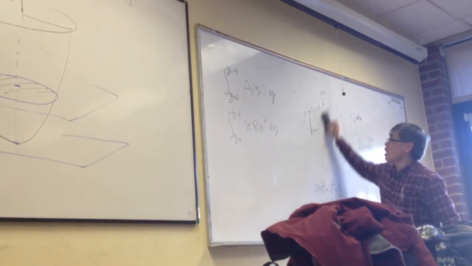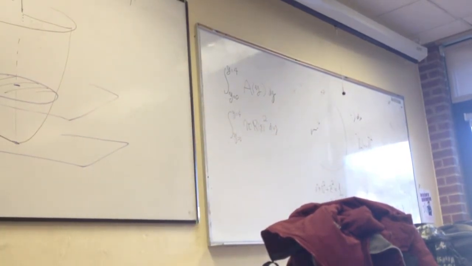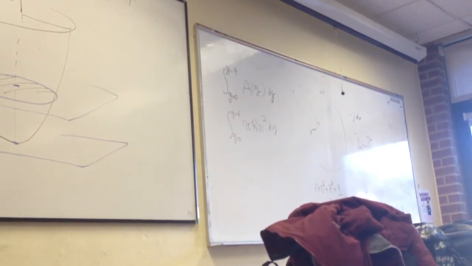So what is r of y? Well, that comes from, you see, here's the typical y value, and see this line segment in this shaded area. As it is rotated, this line segment is going to sweep out exactly that disk, correct?